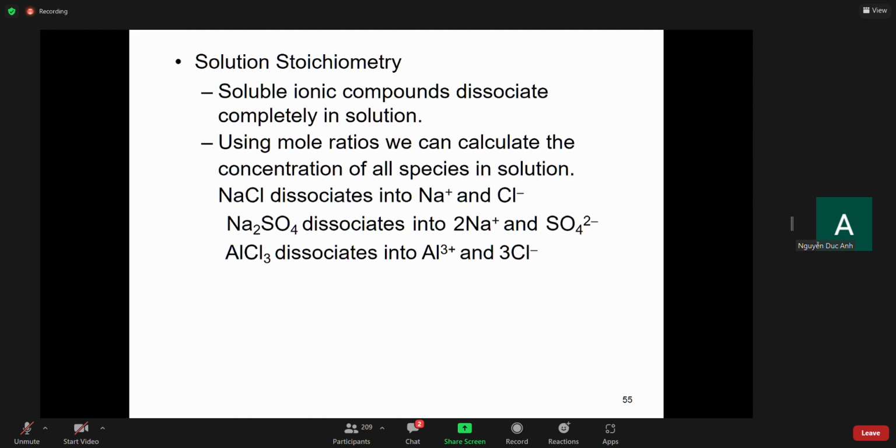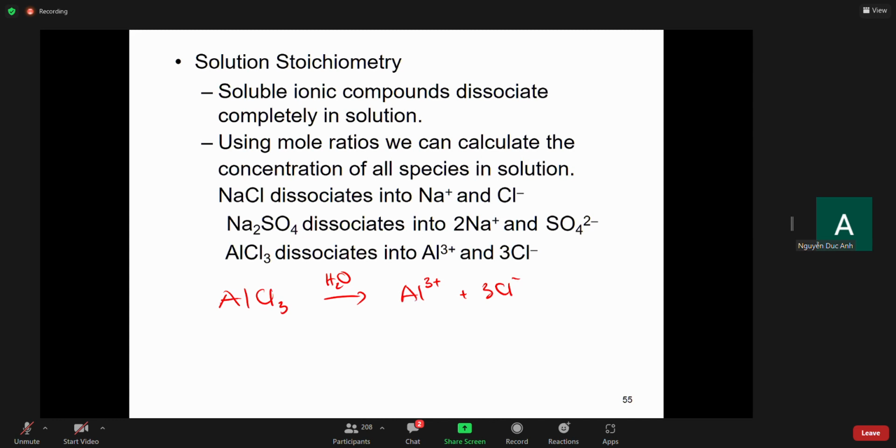So when you dissolve a compound in a solvent to get a solution, ionic compounds, as strong electrolytes for example, will dissolve or dissociate completely in the solution. So it means that AlCl3, for example, dissolves in the solution and forms aluminum 3 plus and 3 Cl minus.